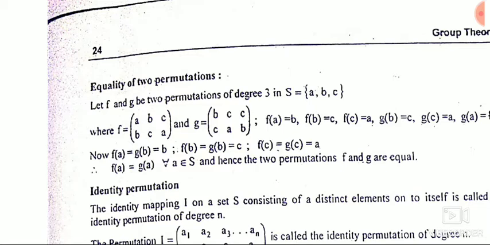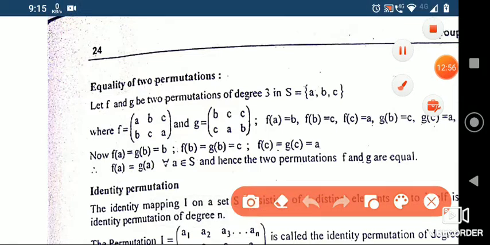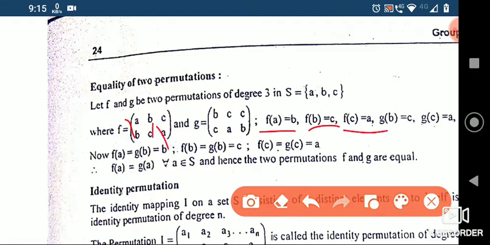They have an example here. There is a mistake in this question. So f is (a, b, c; b, c, a). Just check here: f of a is equal to b. Is that true? Yes. f of b is equal to c. Yes, that is also true. f of c is equal to a.